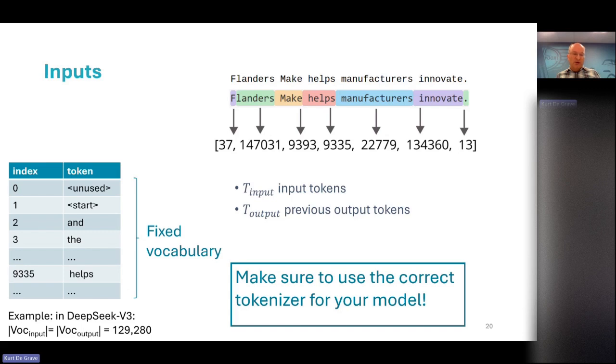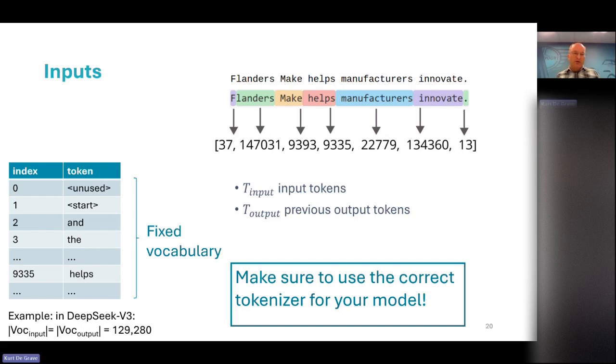Input vocabularies have been at least tens of thousands of tokens large since the transformer paper, but these days it's hundreds of thousands. For example, DeepSeek's vocabulary is almost 130,000 large. GPT-4o is around 200,000.